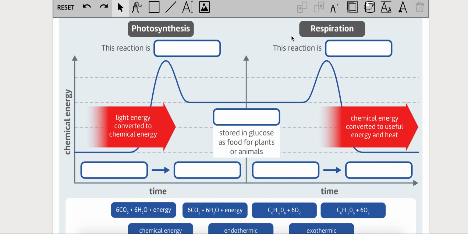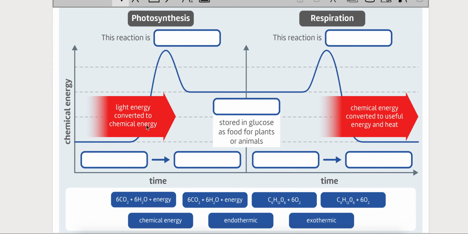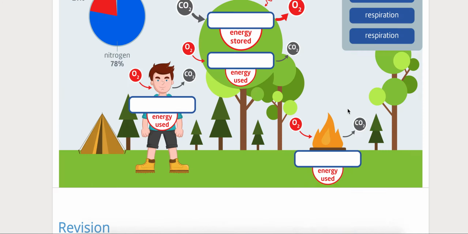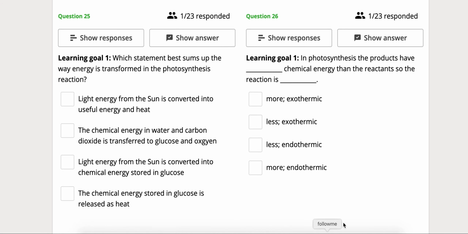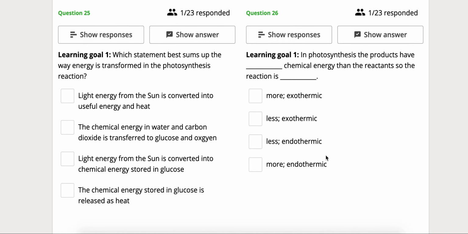Once again, if you do get stuck, I recommend pausing this video, going back into the endothermic and exothermic activities, or at least watching the endothermic and exothermic tutorial video to get a better understanding and a bit of a review of these energy diagrams. So you would select your most appropriate option for question 26.